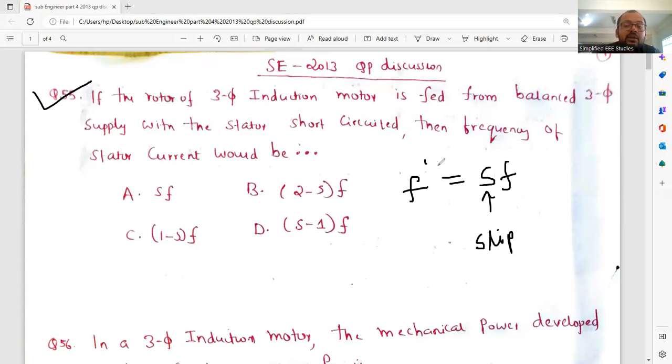Regardless of whether the three-phase supply is given to the stator or the rotor, the equation remains the same: f' = s × f. The equation remains unchanged. The right answer is f' = s f. Kindly select option A. Option A is the right answer.